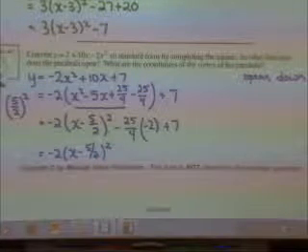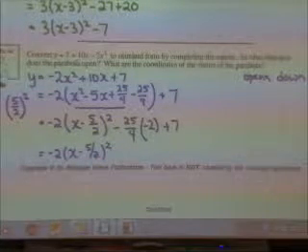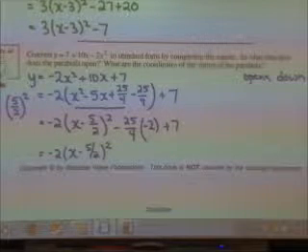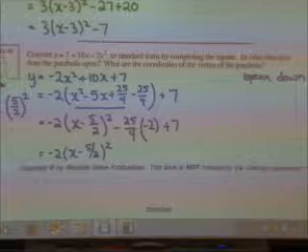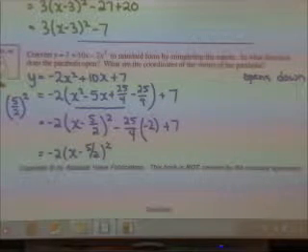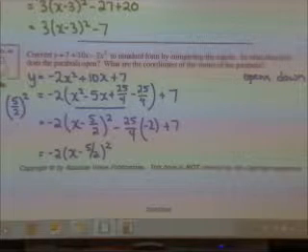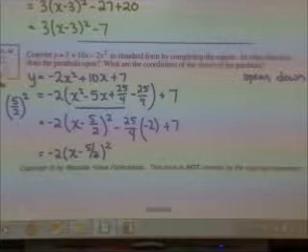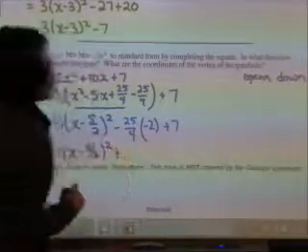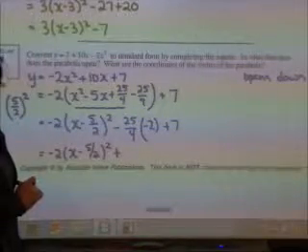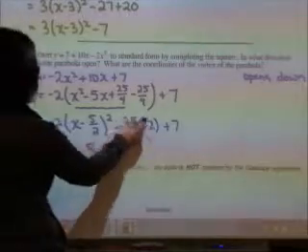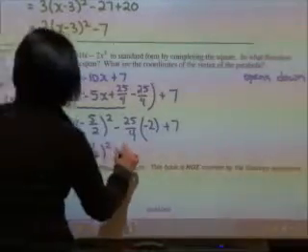When I multiply -25/4 by -2, what do I get? 25 over 2. Yes. So I'd get 50 over 4, which would reduce down to 25 over 2.